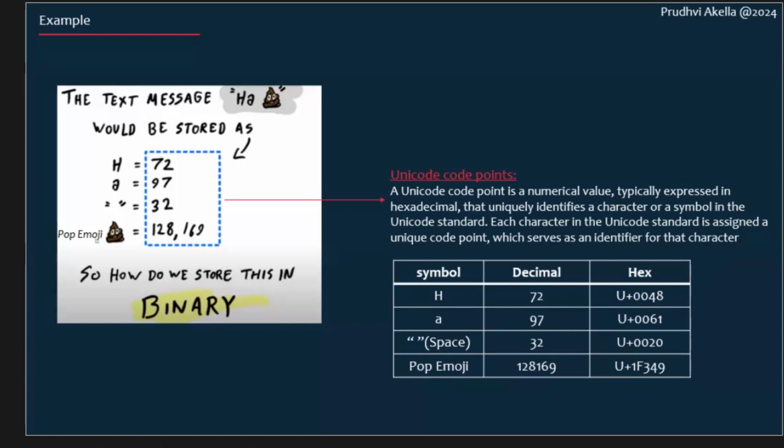Okay. Now, it uniquely identifies a character or a symbol in the Unicode standard, as simple as it is. Each character in the Unicode standard is assigned a Unicode code point. A Unicode code point is nothing but a number which serves as the identifier for the characters. So they are like identifiers, correct?